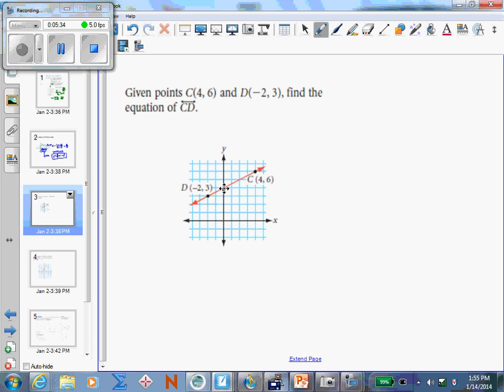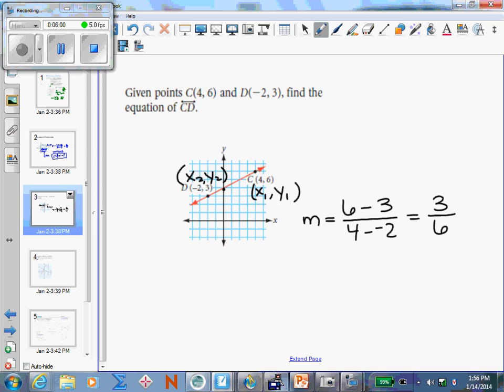So we're going to write the equation of the line that contains these 2 points. I will use point C to be x1, y1. I will use point D to be x2, y2. So I'm going to calculate the slope, 6 minus 3 over 4 minus a -2.